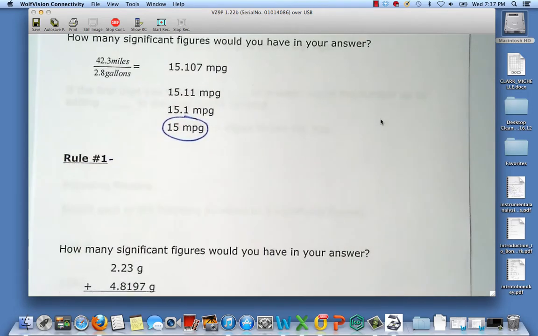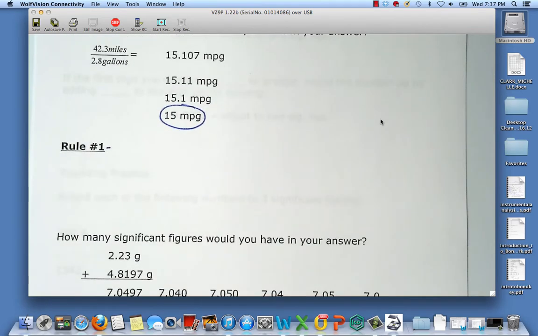Rule number 1. There are 2 rules for calculations with significant figures. The first rule covers multiplication and division.